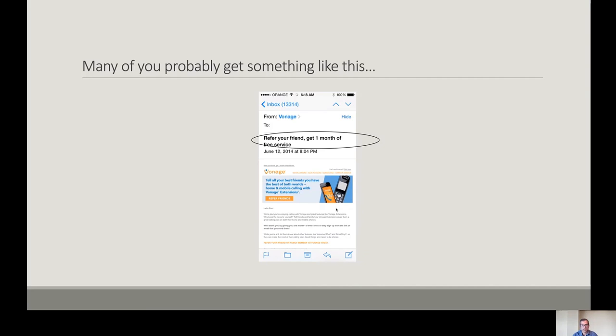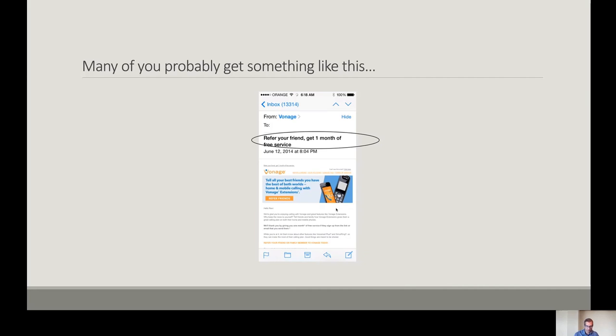So there is a freebie involved here if a customer goes out and refers their friend to the company. The incentive will accrue to the person who is making the referral in case the friend signs up for the service of Vonage in this case.